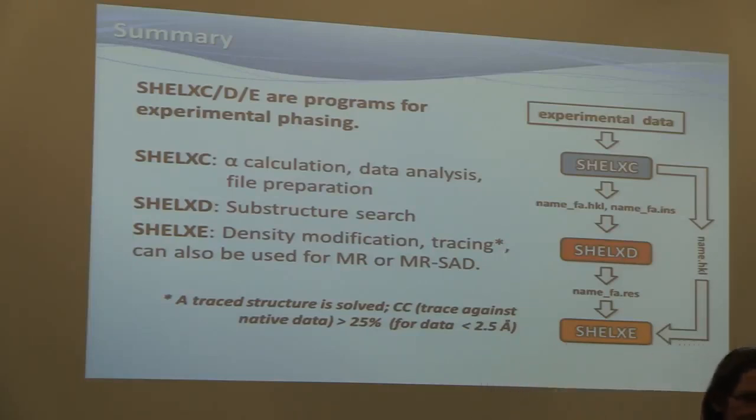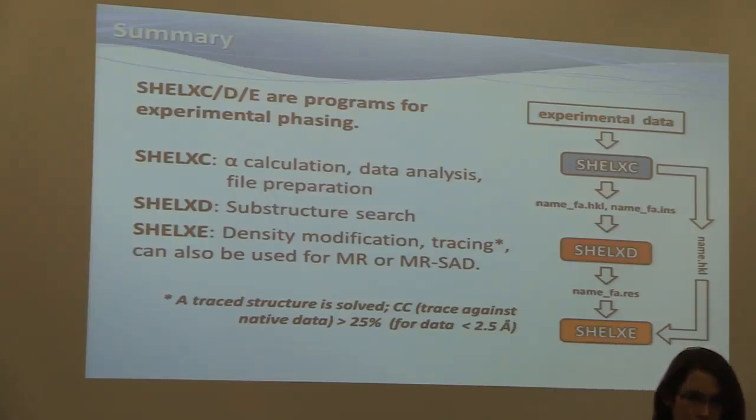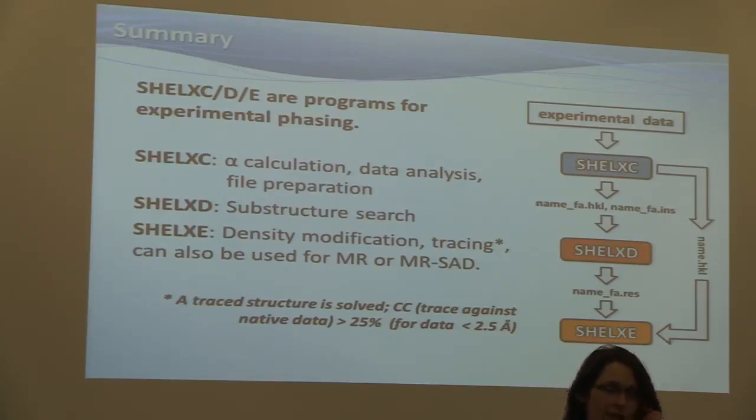I would like to go back to this about disulfide bridge. You said that resolution cutoff is very important and number of atoms is important. How do I know, starting the SHELX, the number of disulfide bridges? You look at your sequence, and from the sequence, you'll at least know the number of cysteines.